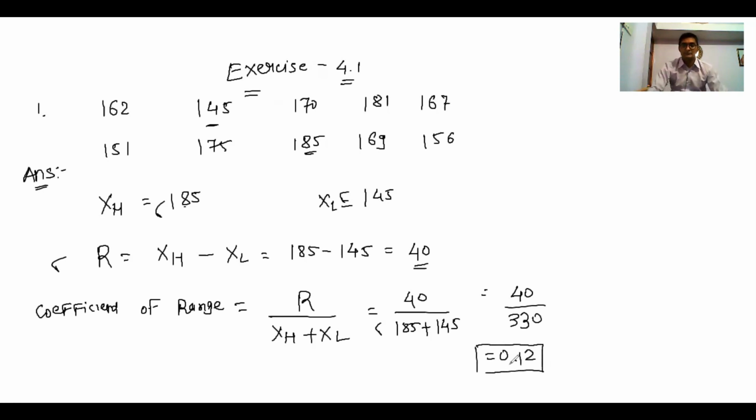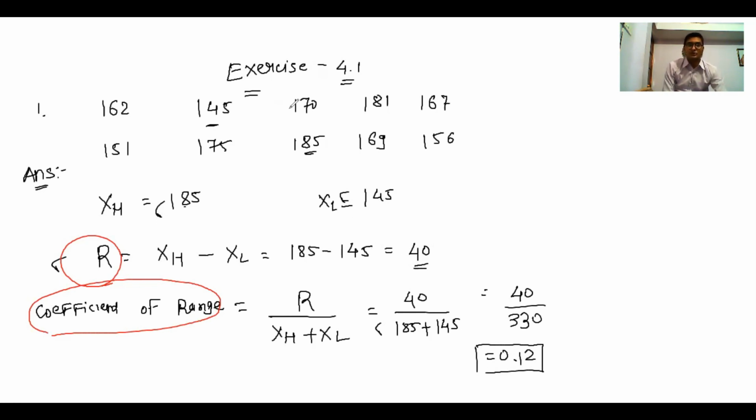Got it? It is the simple formula to calculate range and coefficient of range. So now here you can see that it is a simple ungrouped data. And now what is the answer if it is grouped data, like discrete or continuous?